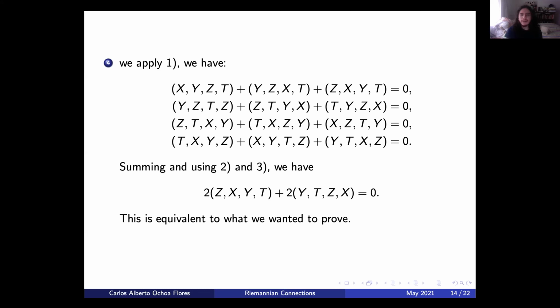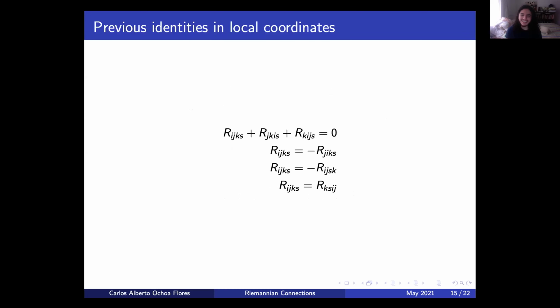And now what this tells us is that we do not actually have to calculate all the Christoffel symbols, right? All the components of the curvature, because some of them are determined by the others.